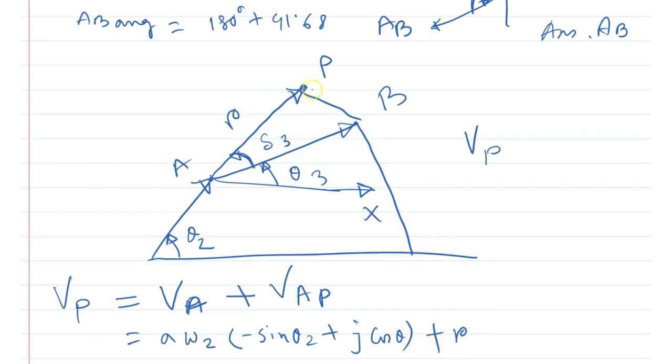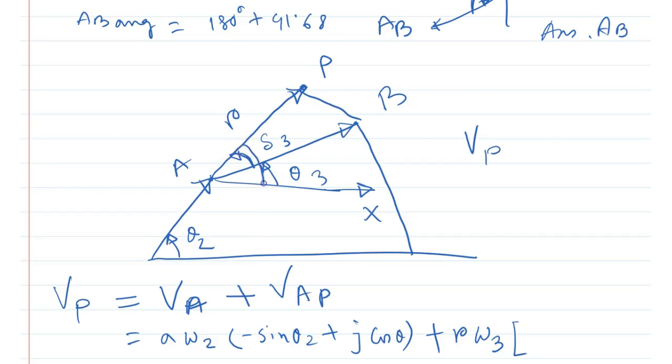Now because the P is on the coupler which is link 3, the angular velocity would be relevant to link 3, so we write omega 3. And when it comes to angles, once again, according to the definition of a vector, we need to measure the angle at the root of the vector with the positive x-axis counterclockwise.